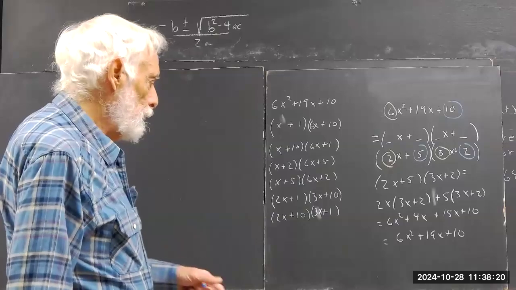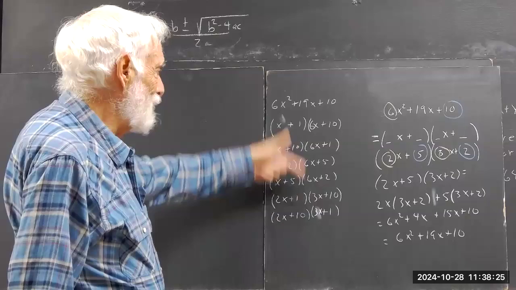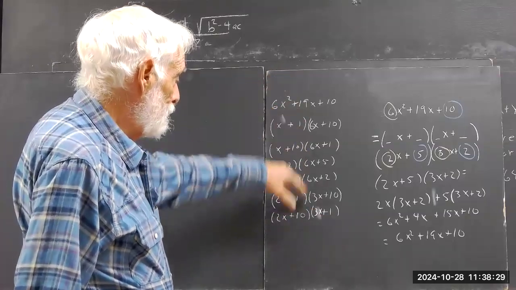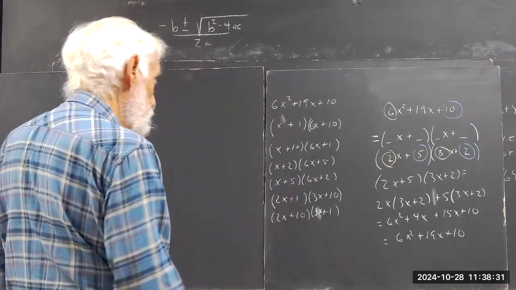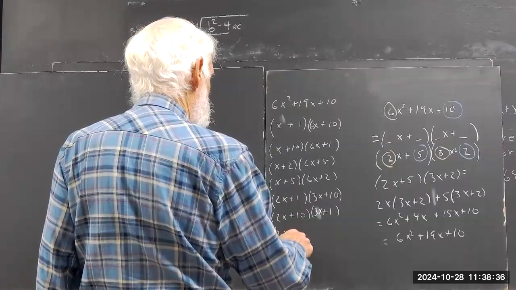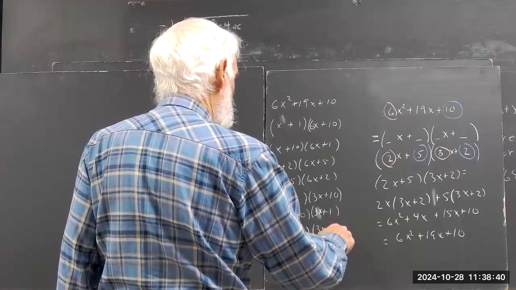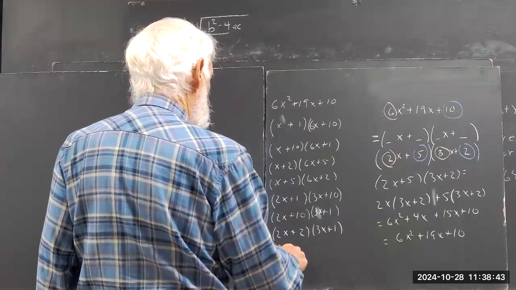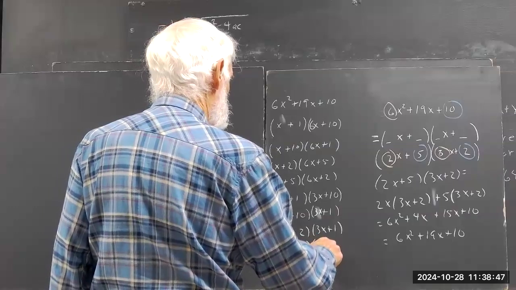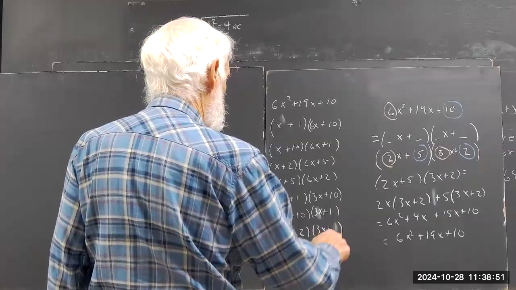And maybe we don't bother writing that down because 10 times 3 is 30, and that's going to be too big. Nothing we get here is going to reduce that 30 to 19. And we have 2x plus 2 times 3x plus 1. Or 2x plus 3 times 3x, and it's not plus 1. It's 5.